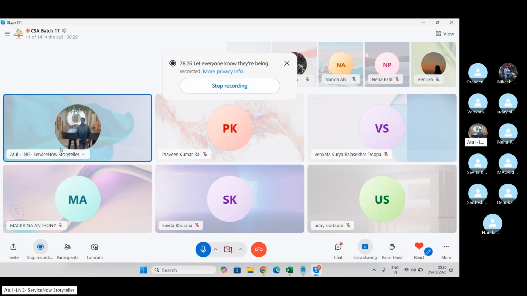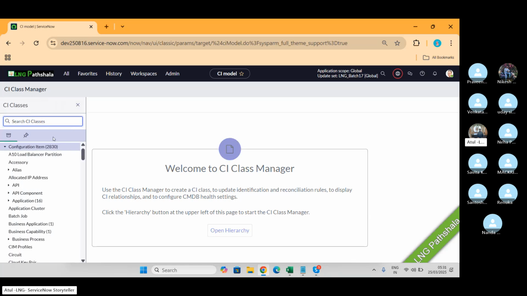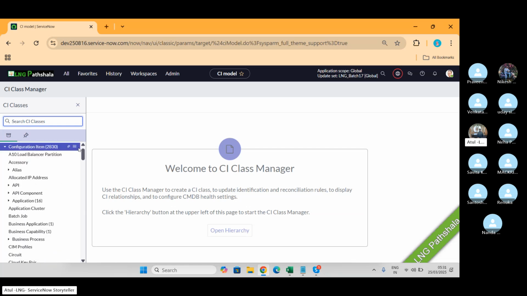As of now, there are more than 1000 classes available in ServiceNow CI Class Manager. And you can see here, the laptop you are using has its own class.